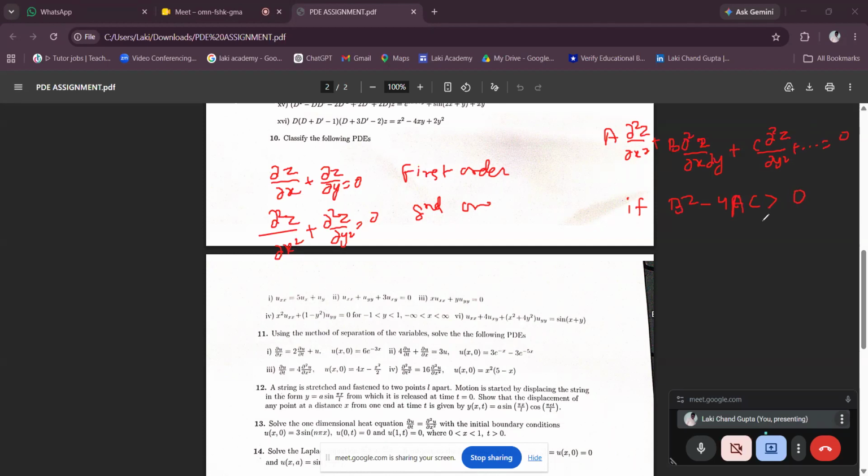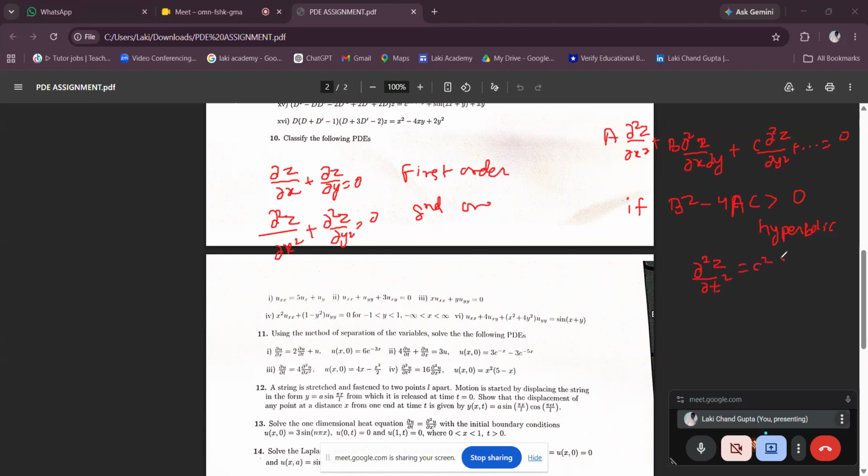Then this is called hyperbolic PDE. Hyperbolic. Understood? Yes. And if it is a hyperbolic PDE, then the PDE becomes like this.